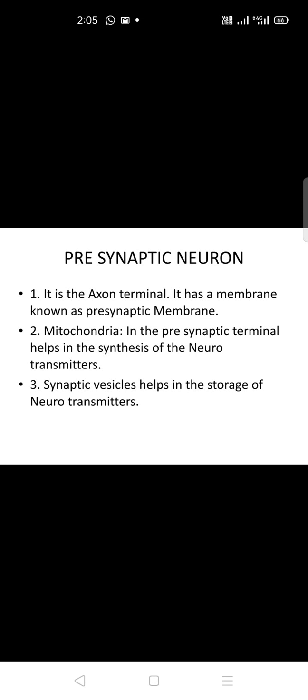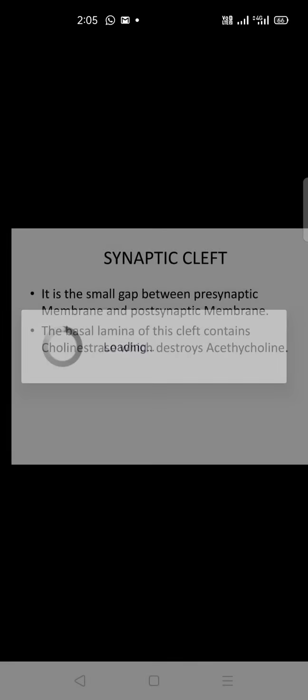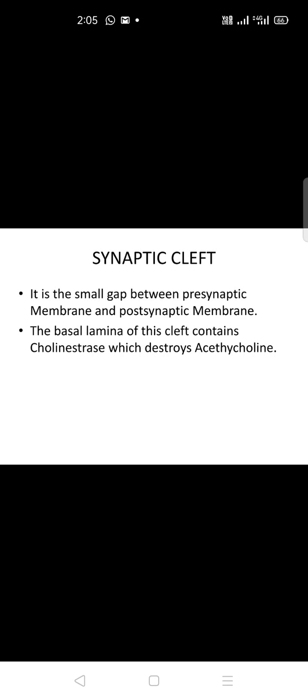Then the synaptic vesicles help in the storage of neurotransmitter. So for production you need mitochondria, for storage you need the help of vesicles. Then the synaptic cleft is a small gap present between the presynaptic membrane and the postsynaptic membrane.